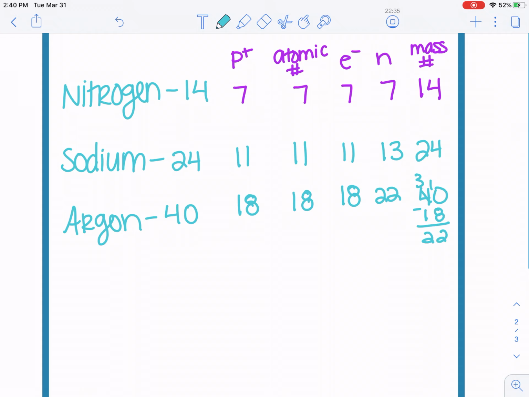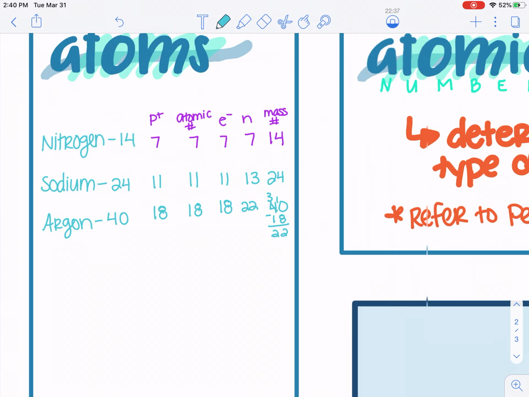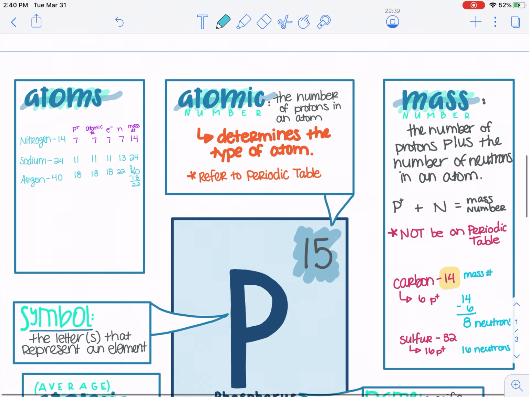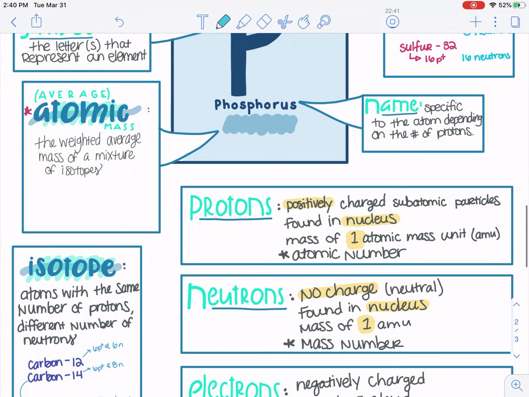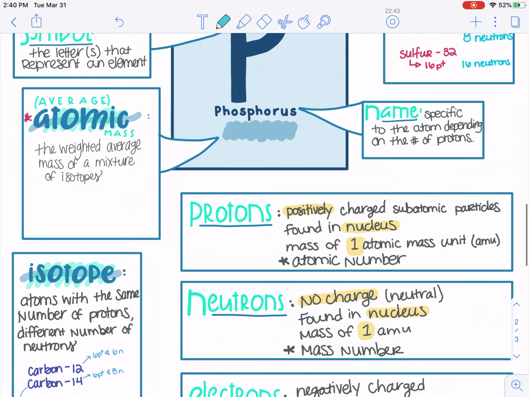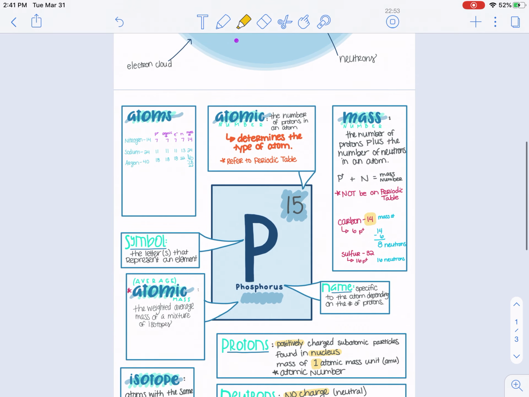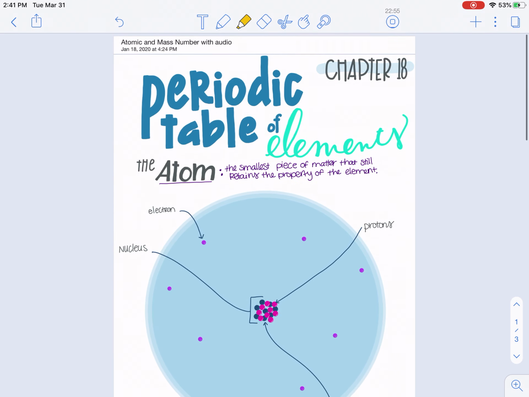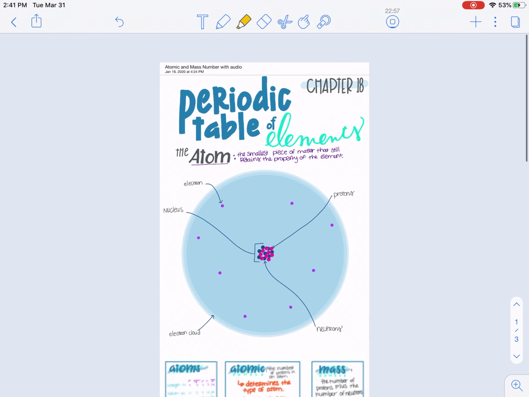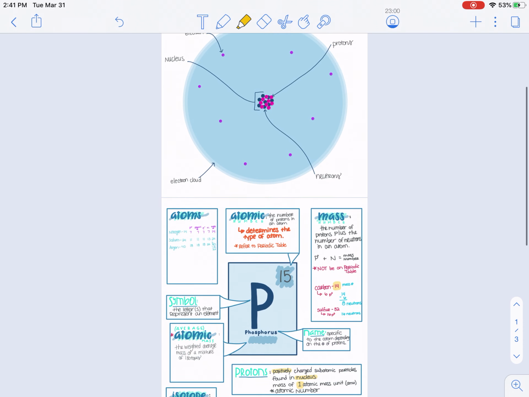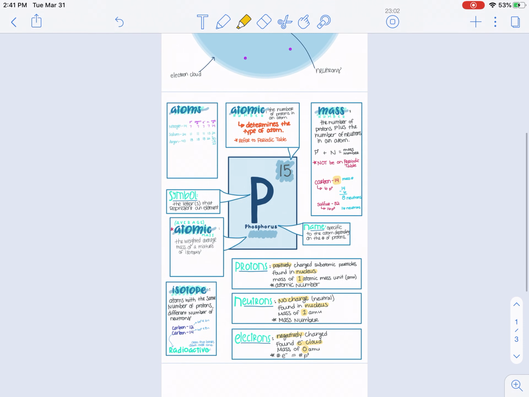So definitely find a periodic table for yourself when you do this homework from this section. So there is our introduction to the atom and the periodic table.